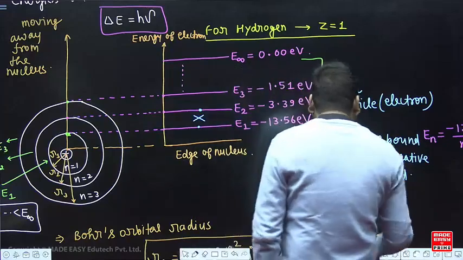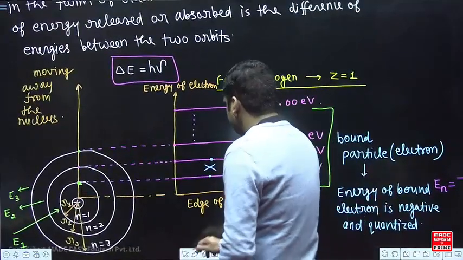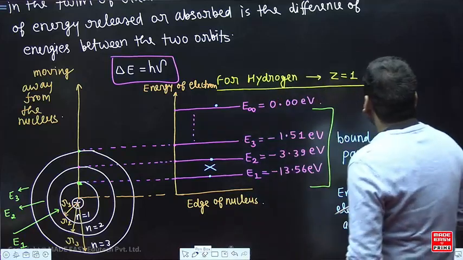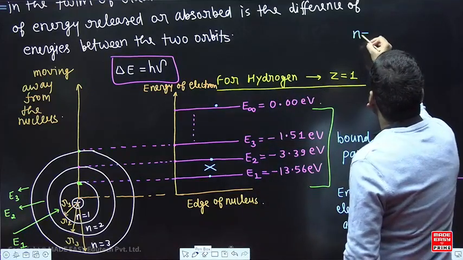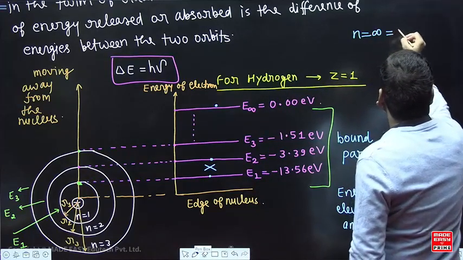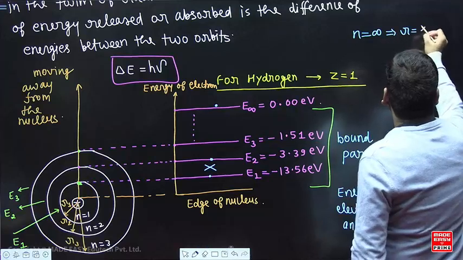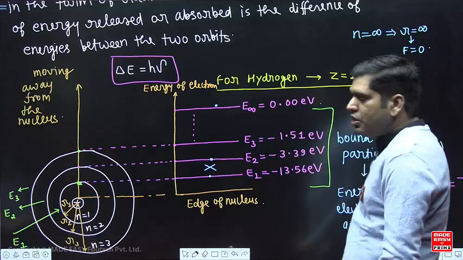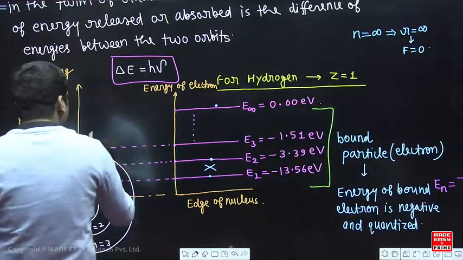But suppose an electron goes to this level, n is equal to infinity. n equal to infinity means r is equal to infinity. And r equal to infinity means force of attraction is 0. So now the nucleus cannot attract this electron.